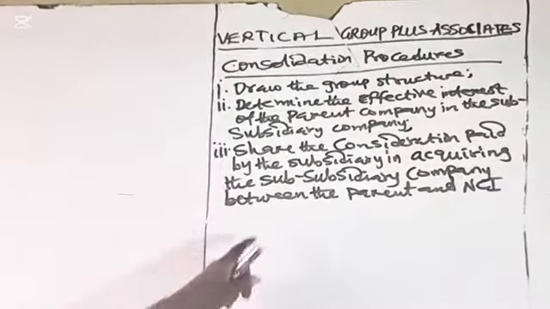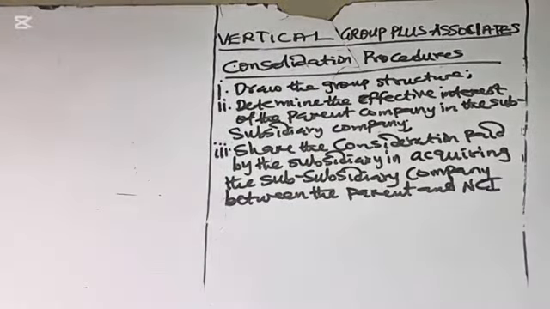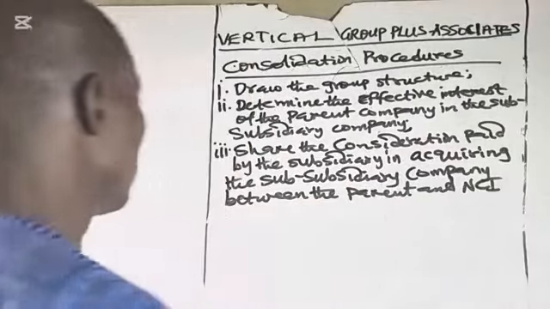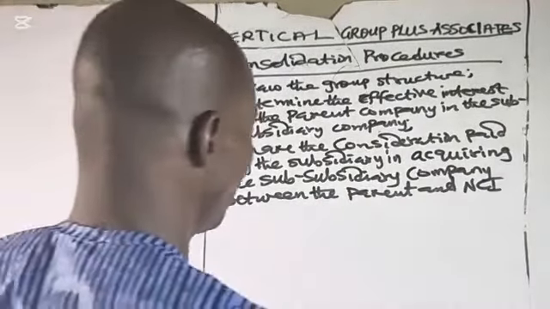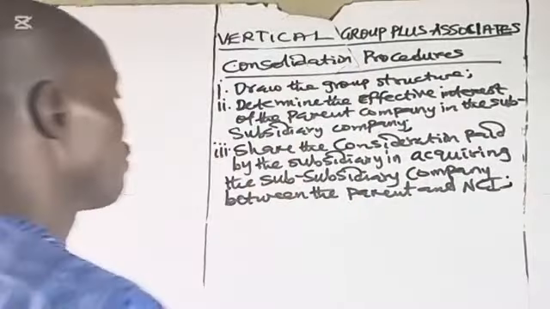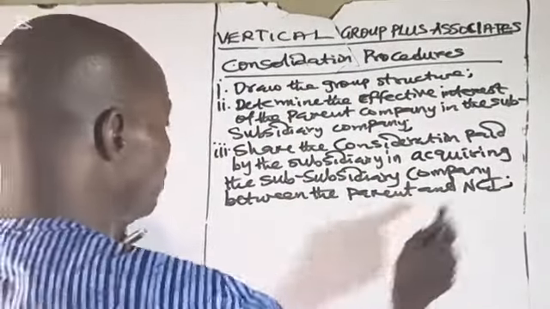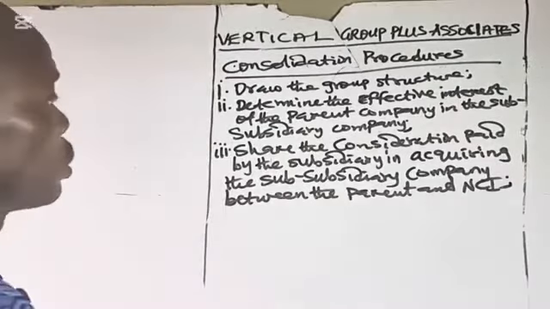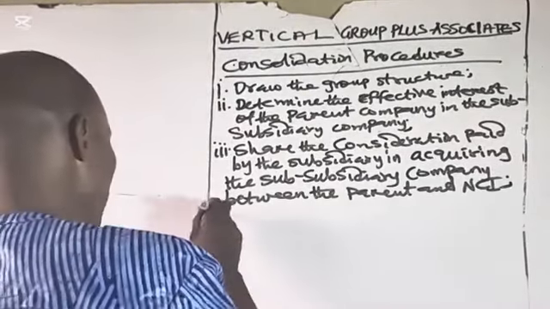Remember the usage of each result. The parent share of that consideration, I've told you it will be used in calculating goodwill on acquisition of the sub-subsidiary company, while the NCI share of the consideration, I said it will be used to reduce the NCI calculated.